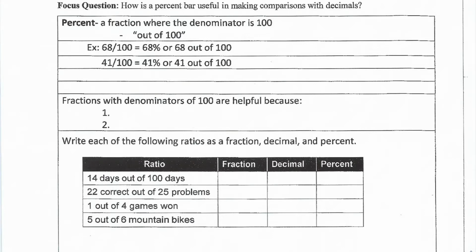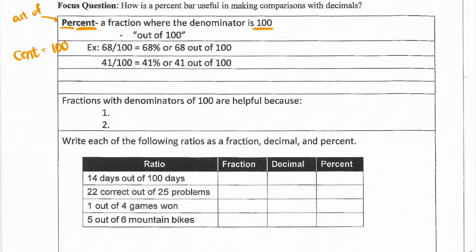The reason why is that if we break down this word, cent actually means 100, and per means out of. I think that's Latin. Correct me if I'm wrong, please. But yes, that is why the denominator of a percentage is 100.